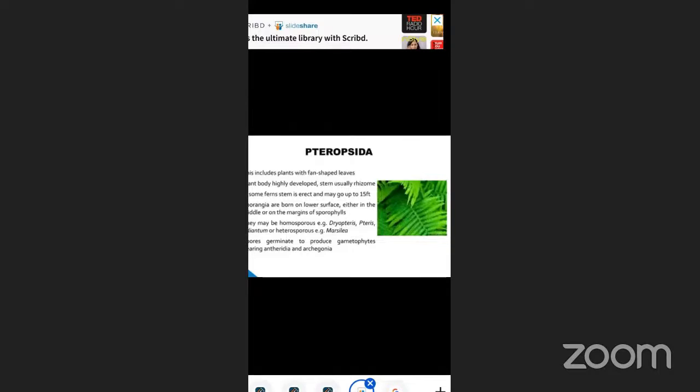Their morphological features, reproductive system and life cycle we will discuss one by one. They are coming in the essay question, most of all Lycopodium, Selaginella and Equisetum, from the exam point of view.